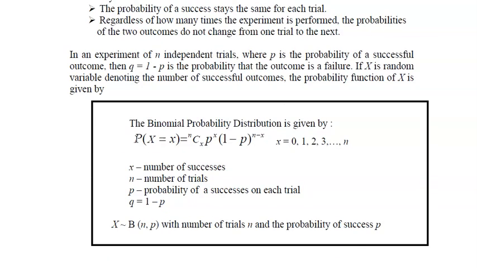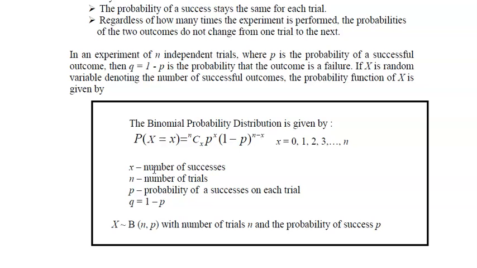The formula for the binomial probability distribution is this one. I think you're already familiar with this formula, which has nCx, p to the power of x, and 1 minus p, or we can call it q, to the power of n minus x, where x is equal to 0, 1, 2, 3, until n.